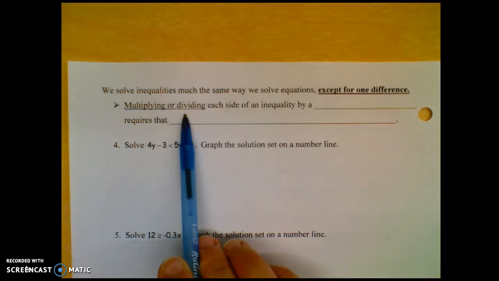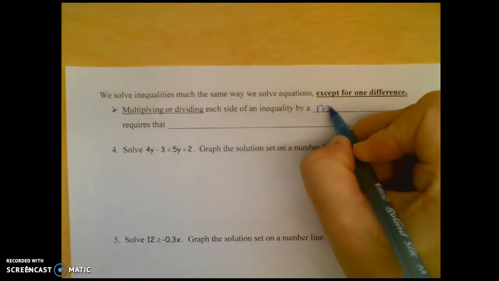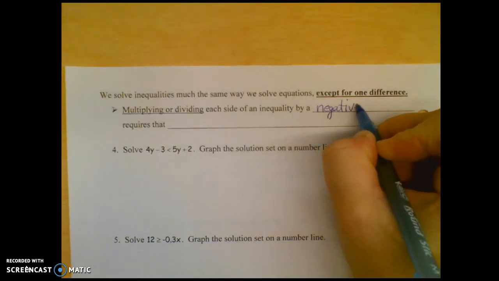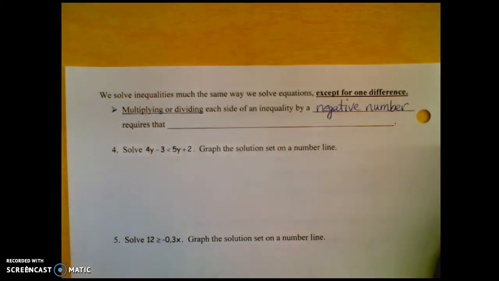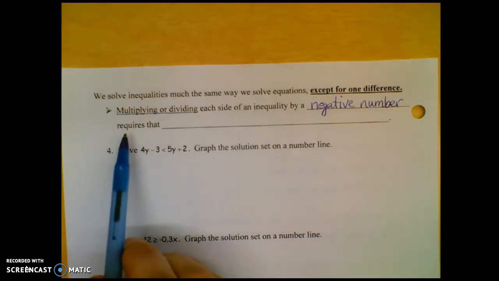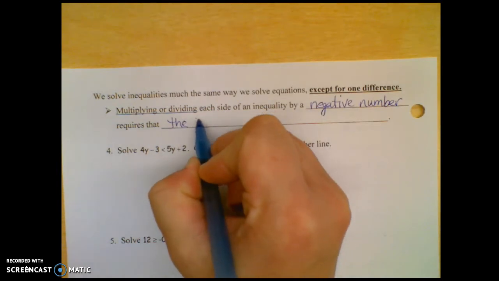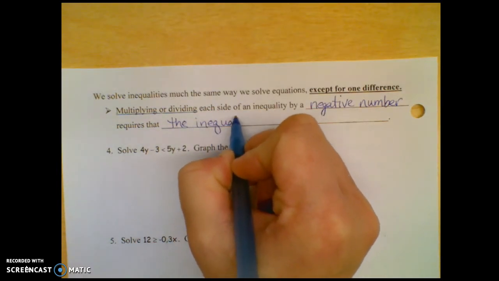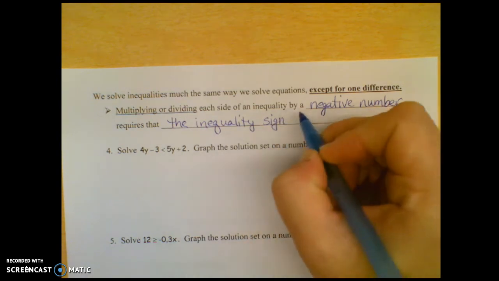If you multiply or divide each side of the inequality by a negative real number, it requires that the inequality sign reverses.